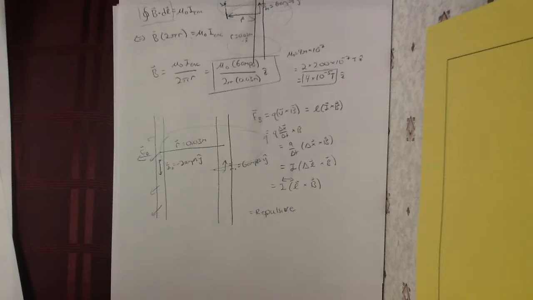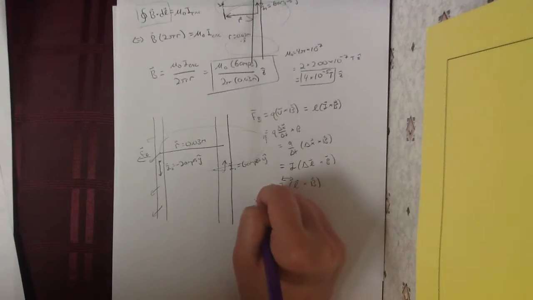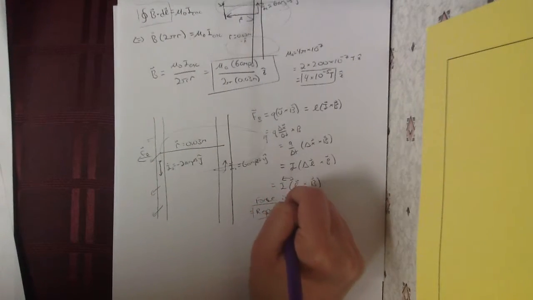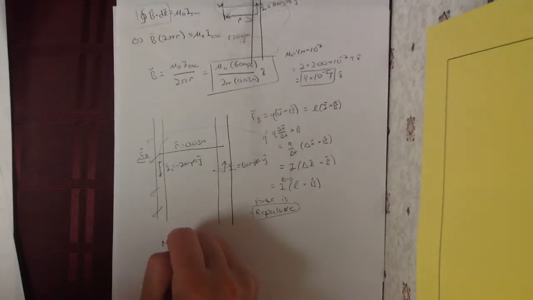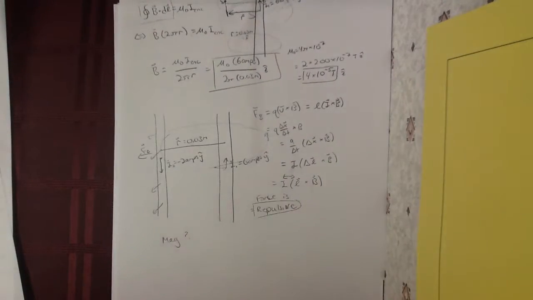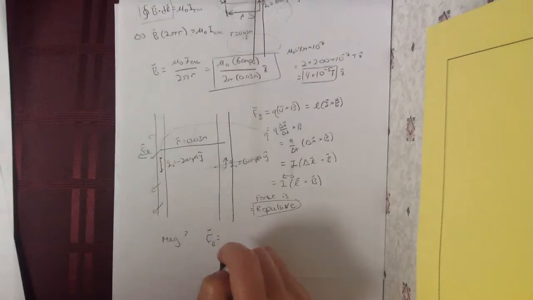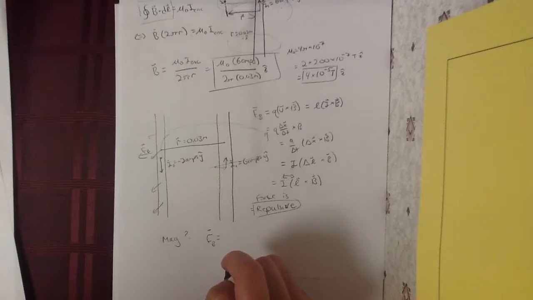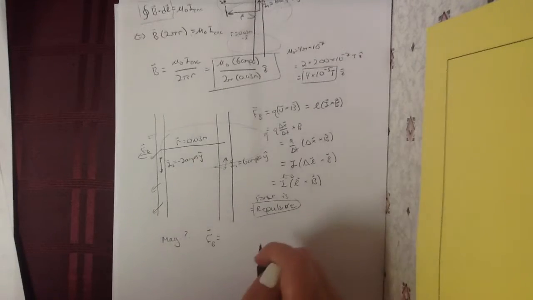Now, what I want you to try to do, if you want to find, so we'll say force is repulsive, okay? Good. So what if you want to know the magnitude? Which I didn't ask you to do, but let's say you did anyways. Well, that's going to equal the force. Since everything's perpendicular, I don't have to worry about angles or anything because sine of 90 degrees is always going to be 1.